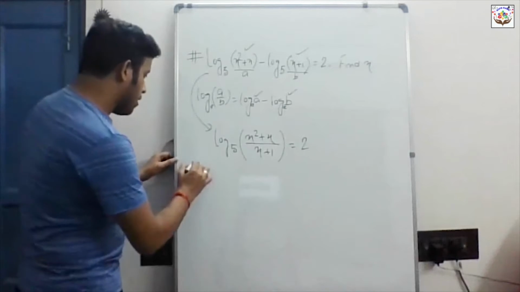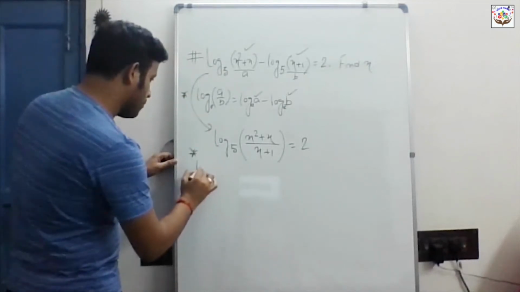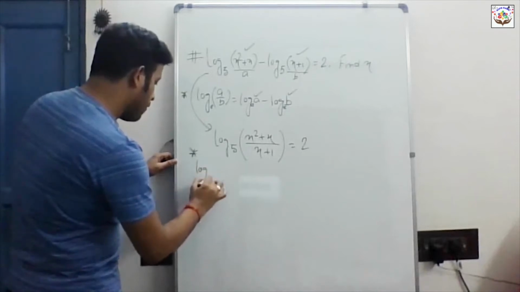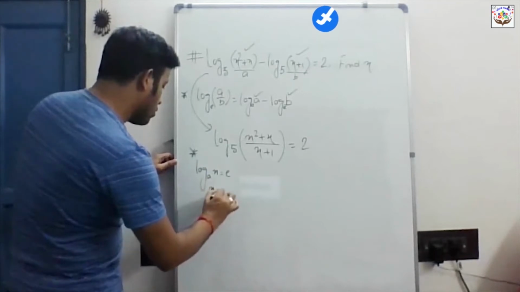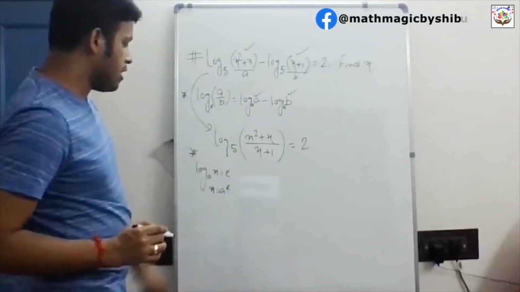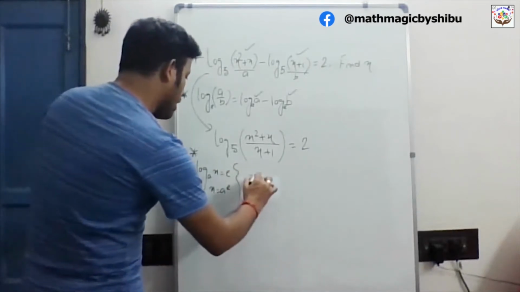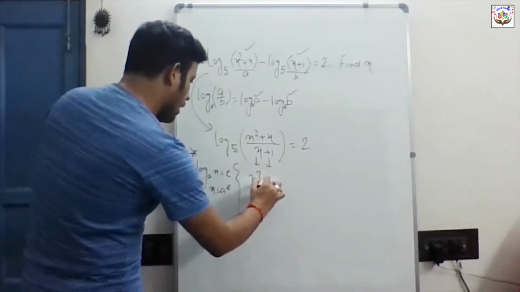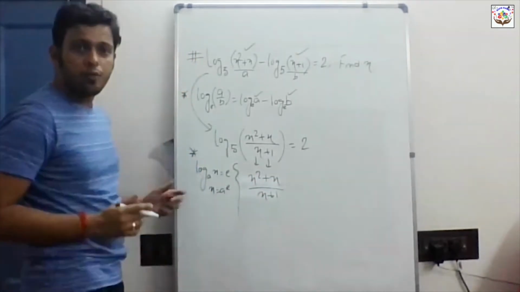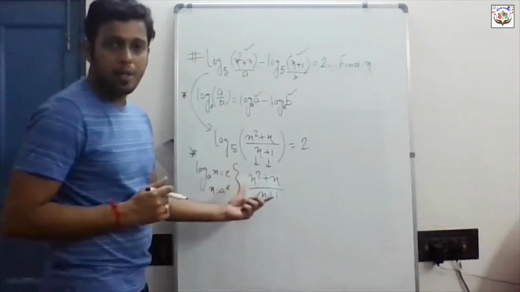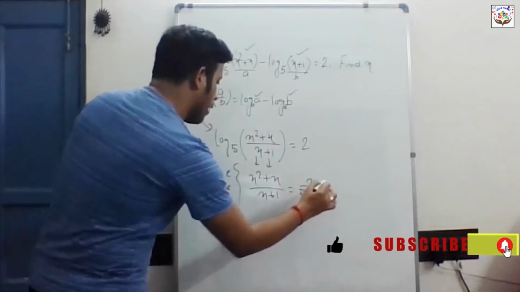Now, as per our formula again, if log of x base a equals e, we know x equals a to the power e. So apply the same concept. As per this, x square plus x divided by x plus 1 equals 5 square.